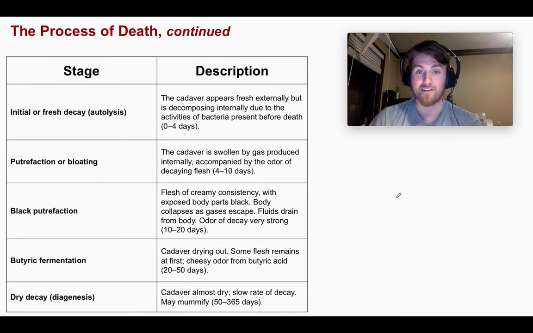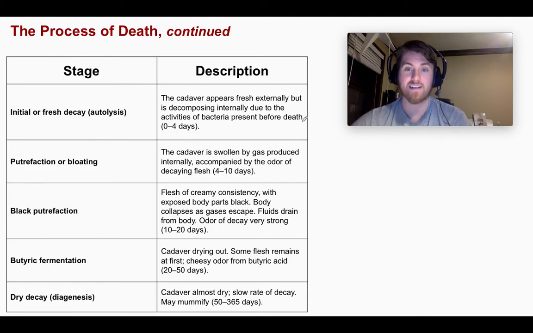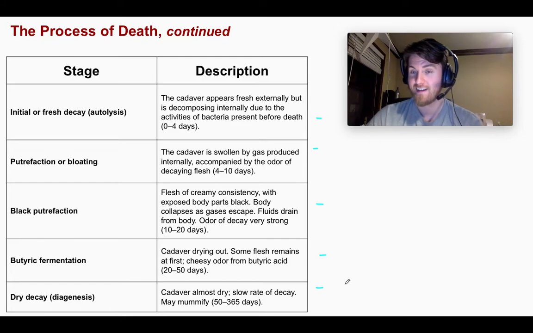Now, what we want to do is, I talked about this last time. This is just kind of the order in which remains, specifically human, will go through after death. You can see that there are different stages of it, trying to figure out exactly when these insects take part in this entire decomposition process.